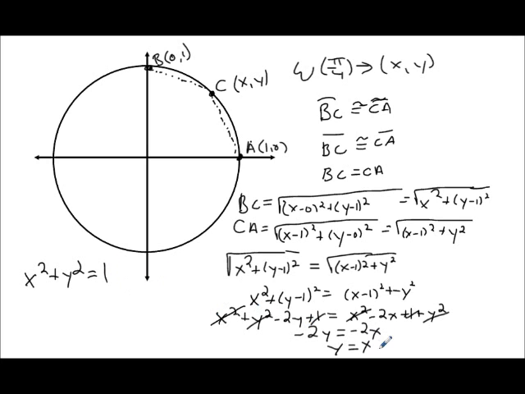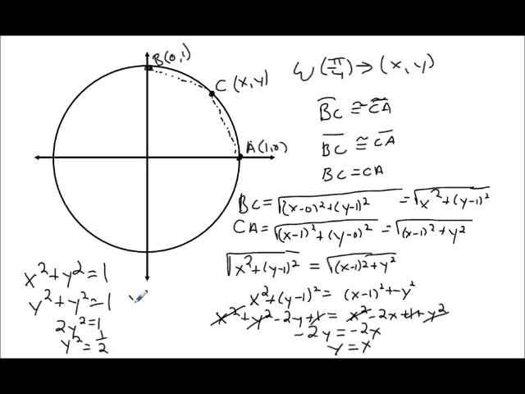Well, we know x and y have a relationship right here. X equals y or y equals x. We'll pick whichever one you want to substitute in for. Let's say substitute in for x. So I have y squared plus y squared equals 1. So then 2y squared equals 1. Therefore, y squared equals 1/2.